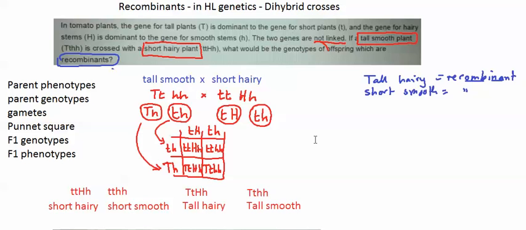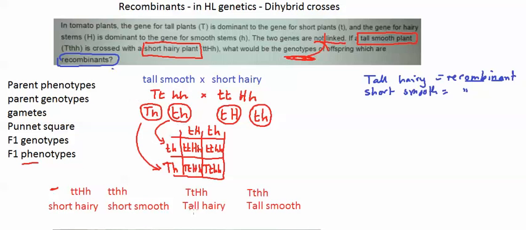And the question asks, what would be the genotypes of the offspring which are recombinants? Okay, so these four genotypes here are the genotypes, and these are the phenotypes. Now, in the answer, it actually says that the recombinants have different genotypes, but that's not true. It's actually that the recombinants have different phenotypes, different physical characteristics. So what we have to do is work out, remember what the parents were.